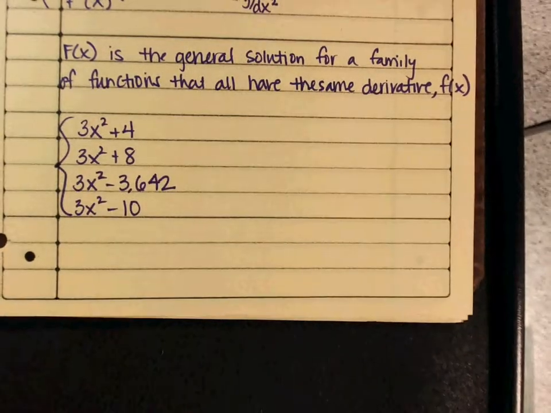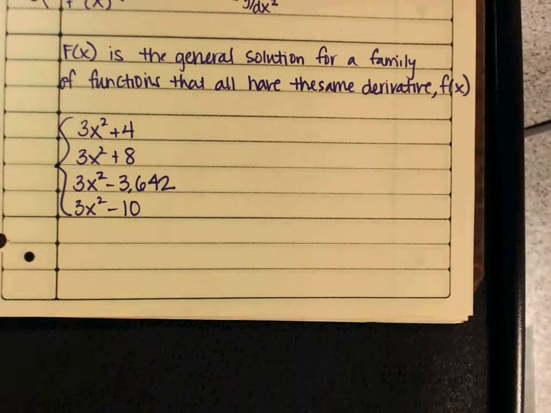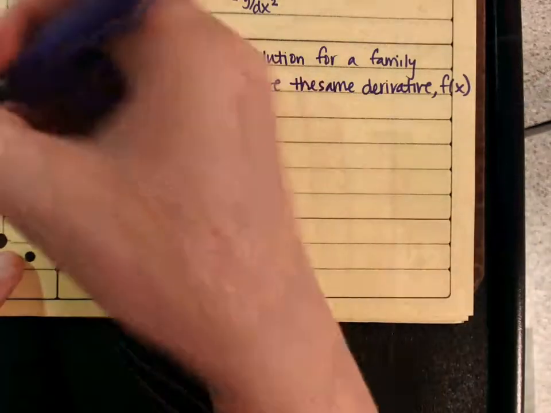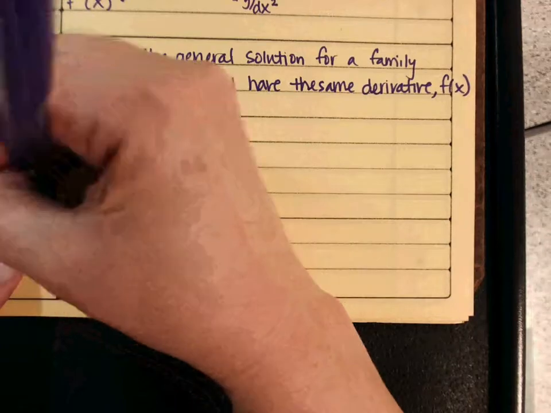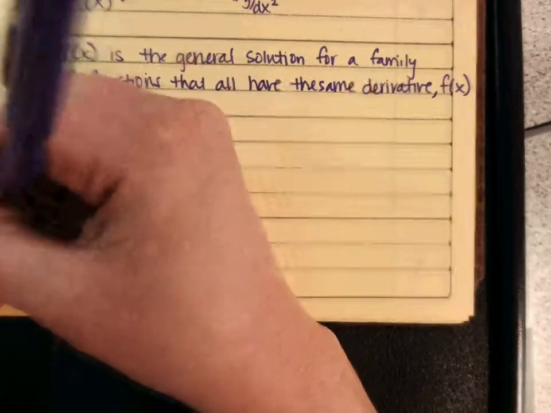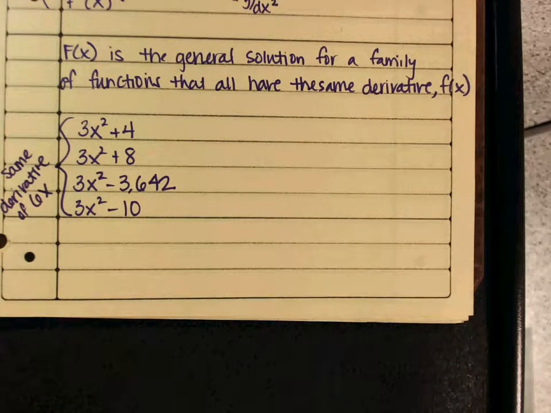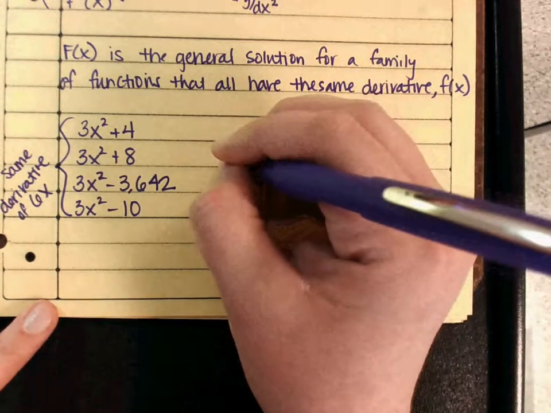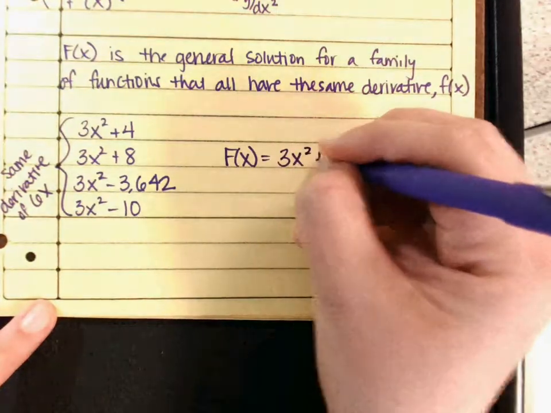Well, think about what happens to this constant no matter what it is. Derivative is 0 and it goes away. So they all have the same derivative of 6x. So instead of having a bunch of different numbers, you would write it like this. Capital F of x equals 3x squared plus c.